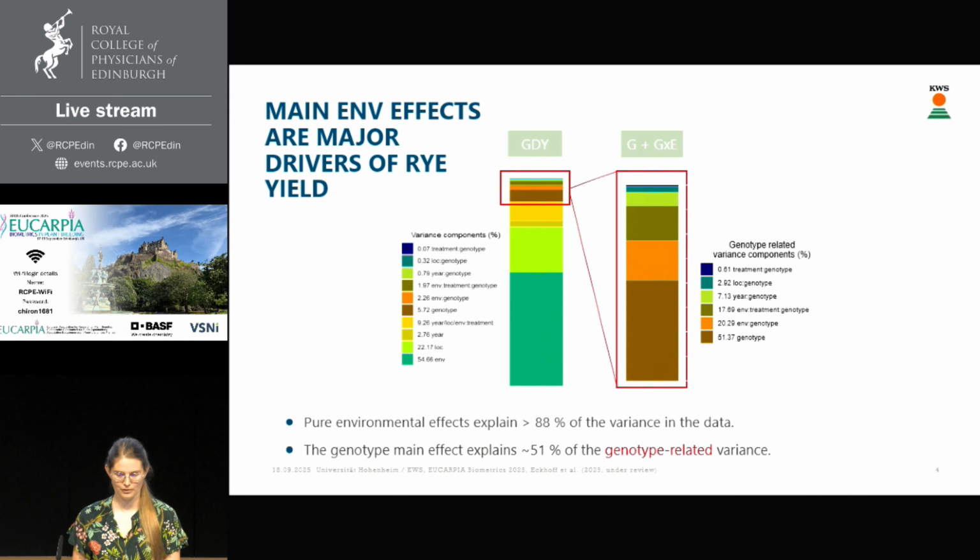If you, for example, use a deep learning model, then you might end up in a situation where your model will become very good at predicting what is the major driver of your response variable. And if that's yield, like in this case, then this might be your environmental main effects and their interactions, rather than what you might be interested in as a breeder.